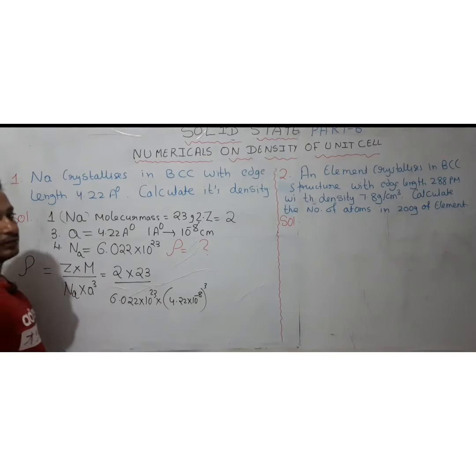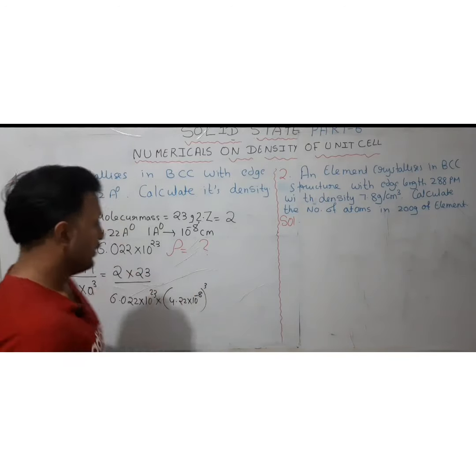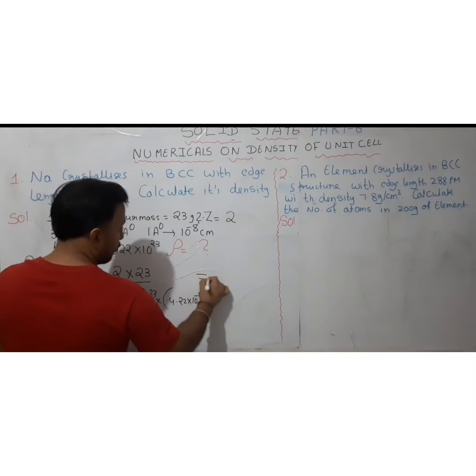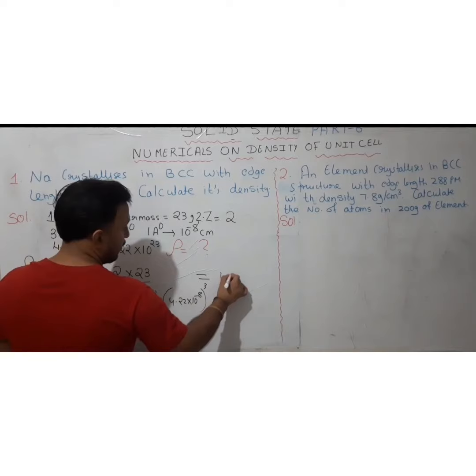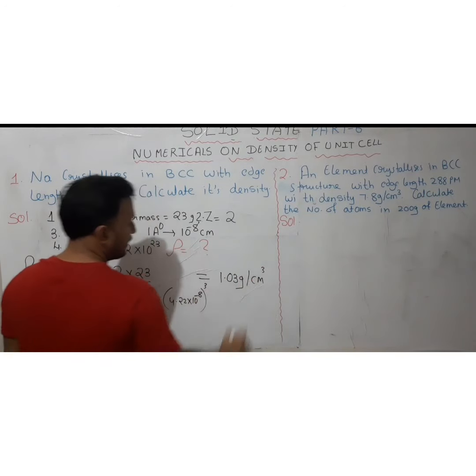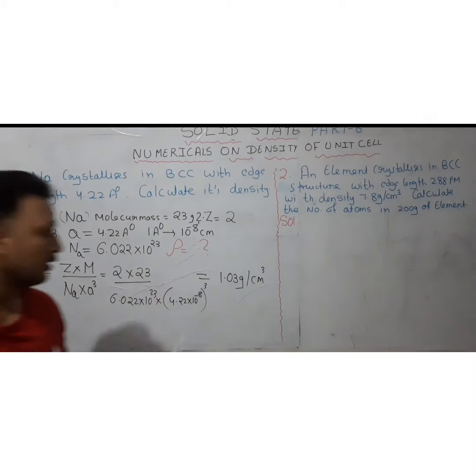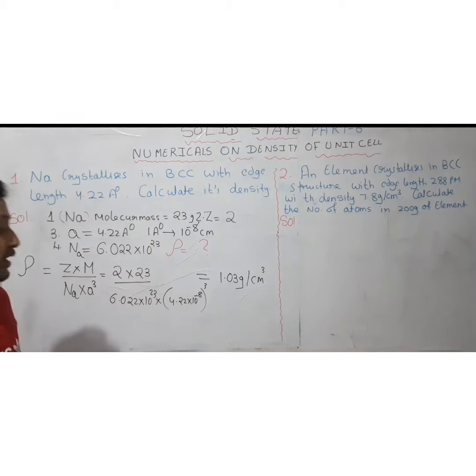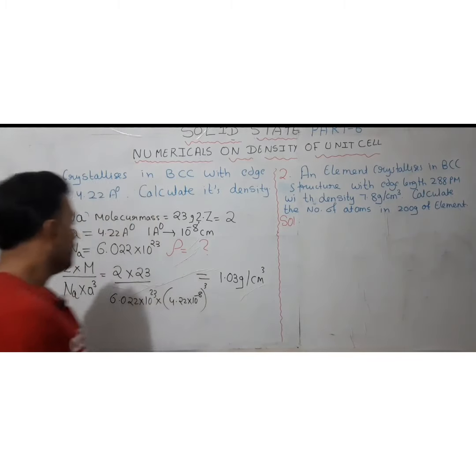When you write the answer, always write the unit. That is very important, because otherwise marks will be deducted. The final answer will come around 1.03 gram per centimeter cube, as the molecular mass we have used in gram and the edge length is in centimeter.